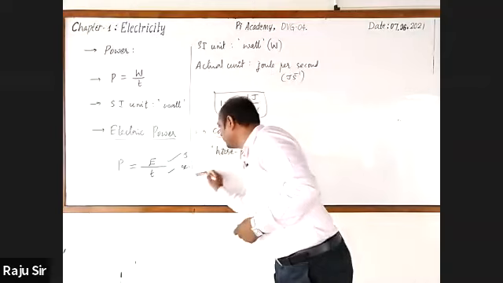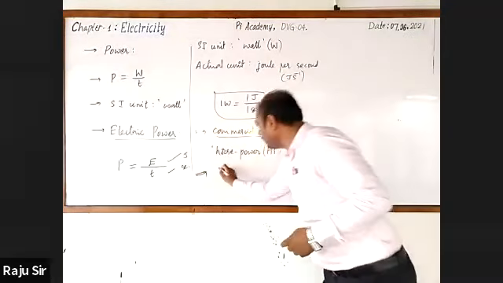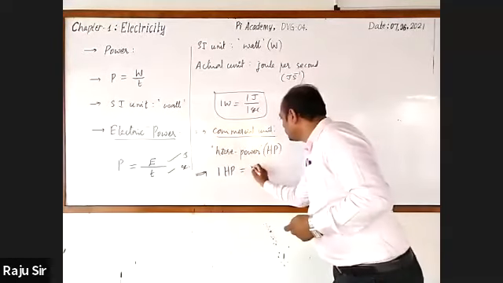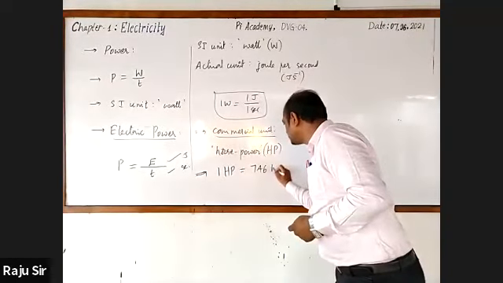That relationship is 1 horsepower is equal to 746 watts.